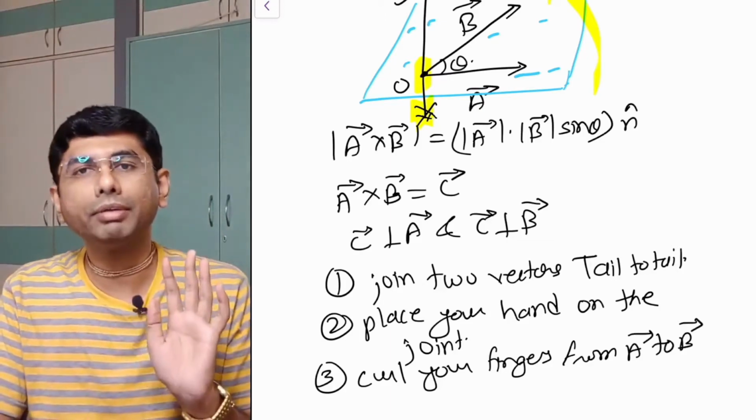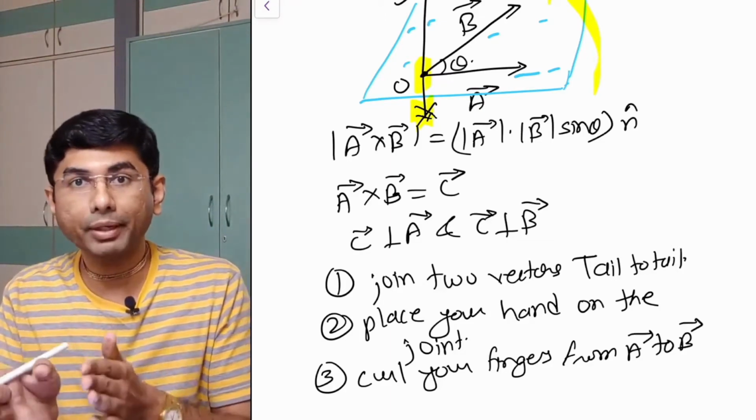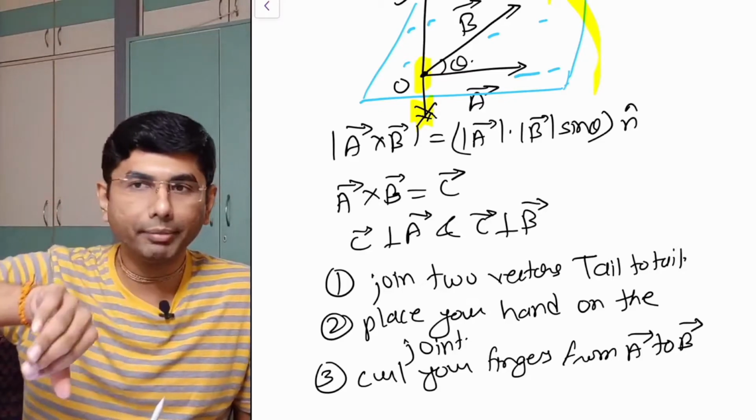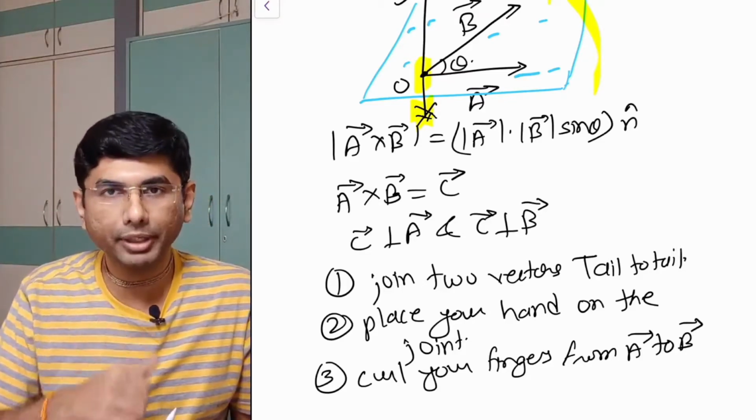Whichever is the first vector, from there you have to curl. When you are having B to A, then the direction will be different. When you are having A to B, then the direction will be different.